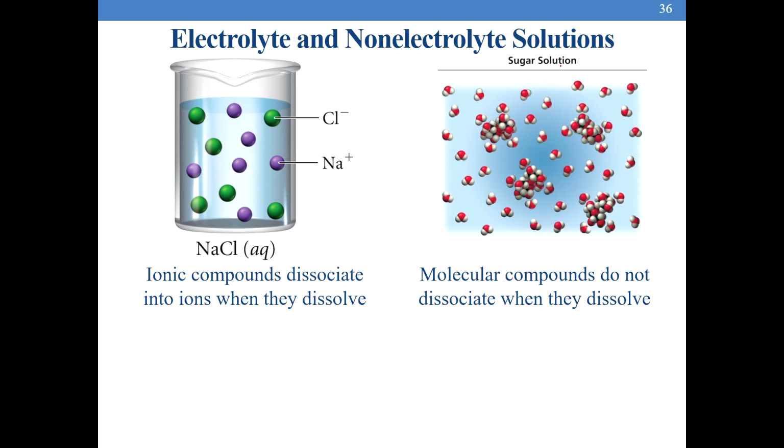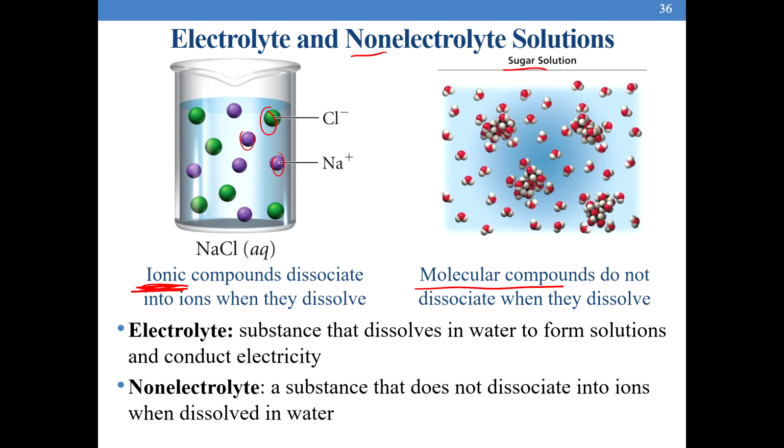So on the left is an electrolyte solution with ionic substances that are totally separated in solution. They're separated. Whereas a covalent substance, like sugar, would be a non-electrolyte solution. Okay, so those are the two definitions. Electrolytes completely dissolve in water. Remember, we talked about dissolve when we were defining solutions. The electrolytes are separating.